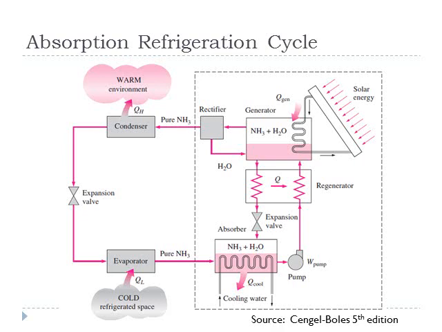Now, after the rectifier, the pure ammonia vapor is supplied to the condenser where it is liquefied after heat rejection and expanded as we had done in case of vapor compression cycle. After the expansion valve, we get very low temperature and very low pressure ammonia liquid, which we supply to the evaporator and get refrigeration effect. So in this manner, absorption refrigeration cycle works.